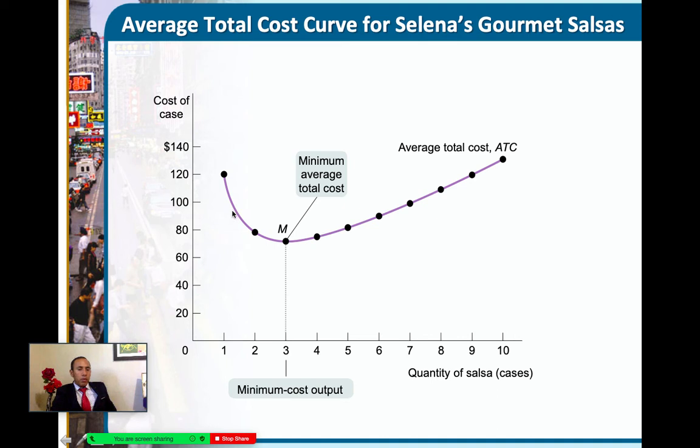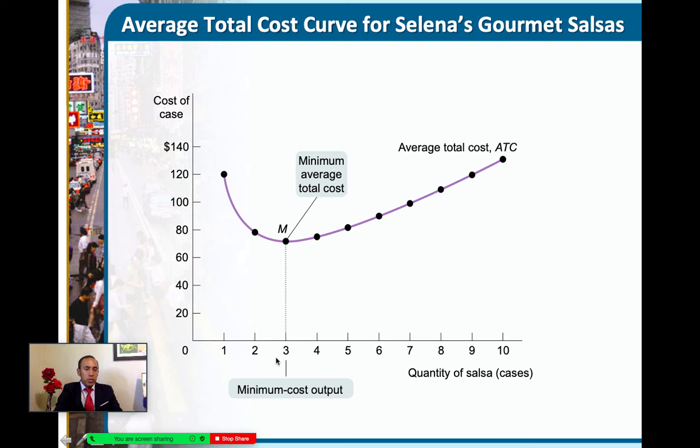So this is the point where, on average, it's less expensive to produce 3 cases of salsa for the production process of the firm. This is the one that we're actually concerned with, because if you notice, the total cost just continued to rise. It went up to 1,000 and more. But you still want to select a production quantity that you can produce, and based on this curve, when we account for average fixed cost plus average variable cost, it indicates here that at 3 cases of salsa, we are minimizing our costs on average.